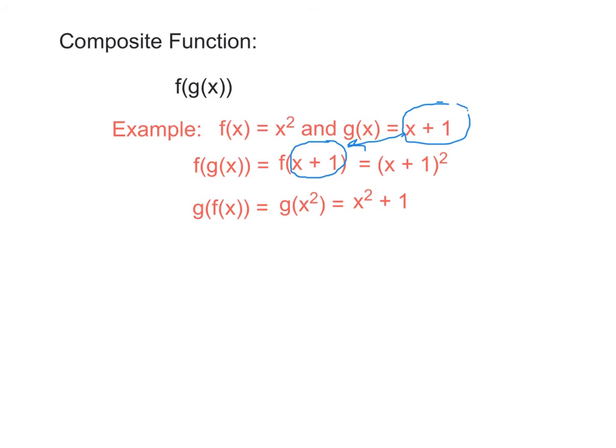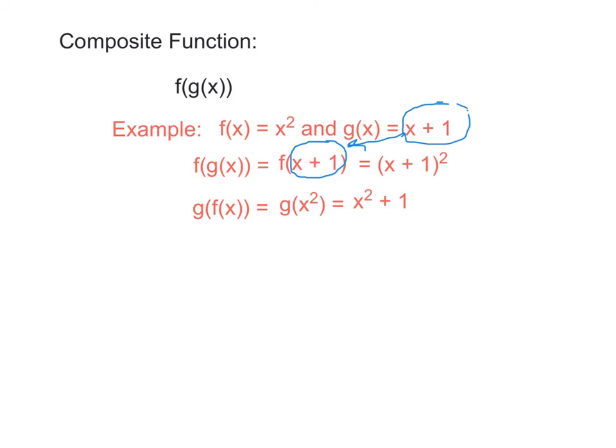Now, you should be aware of one additional thing, and that is a number of books use a different nomenclature or terminology for a composite function. I don't happen to like it, but there's not much we can do about it.